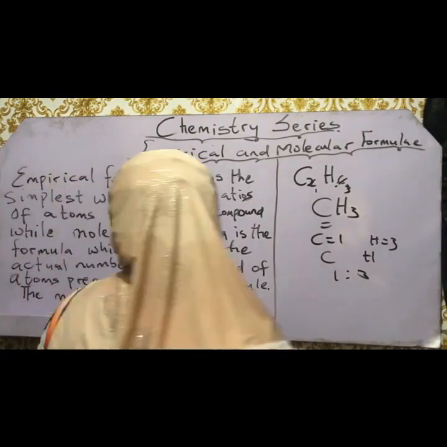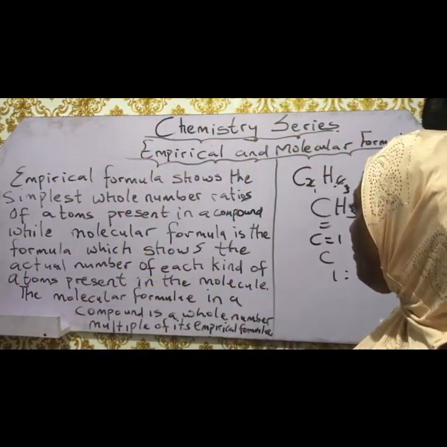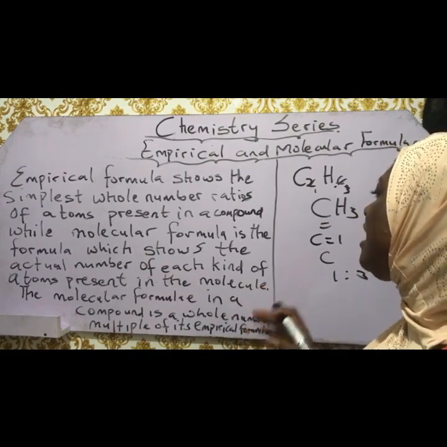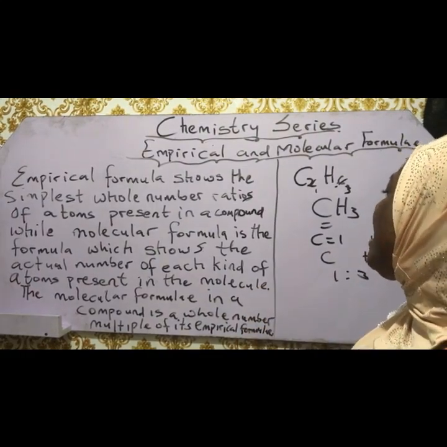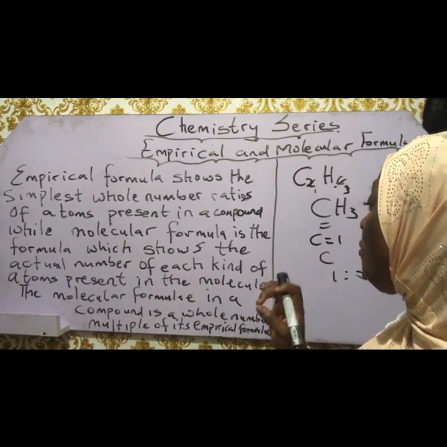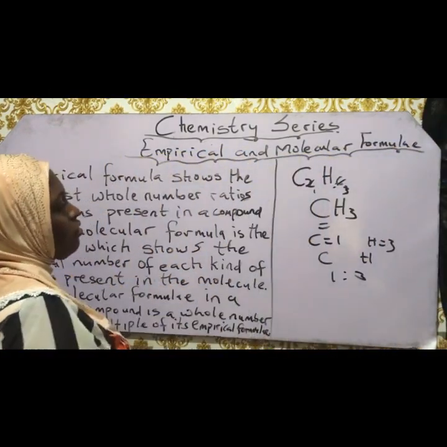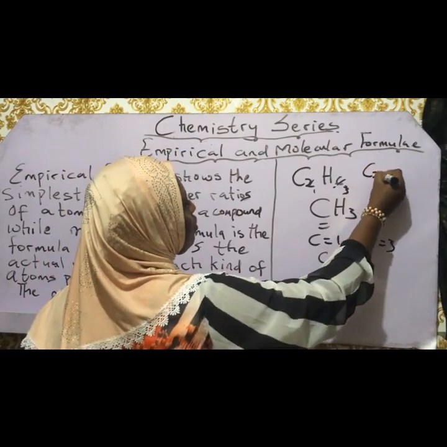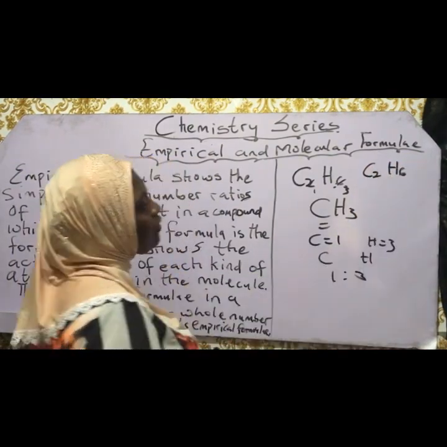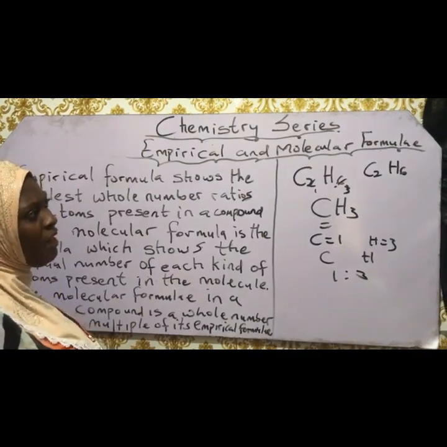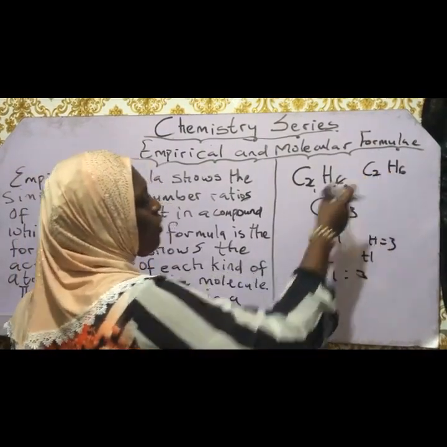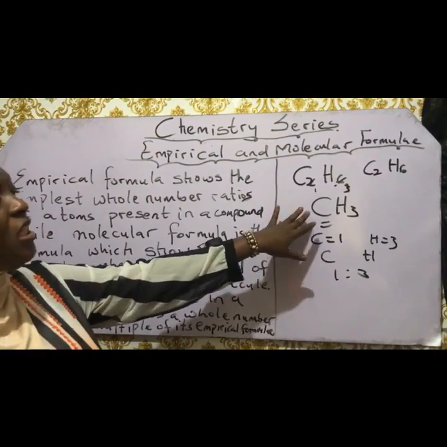Now, molecular formula is the formula which shows the actual number of atoms of each kind present in the molecule. For instance, going back to C2H6, ethane. In C2H6, we were able to simplify it into CH3.